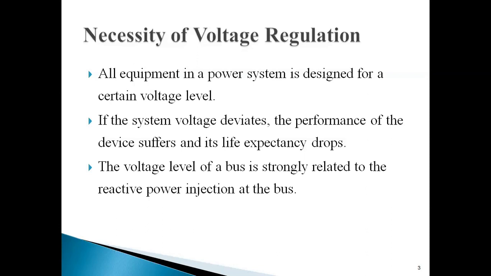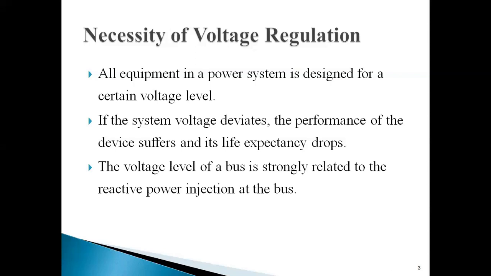In the light load condition, when loading is not heavy, we face the problem of over voltage. What is the reason? Because many of the loads are not operating, the reactive power consumed will be less, and the reactive power available will be more.